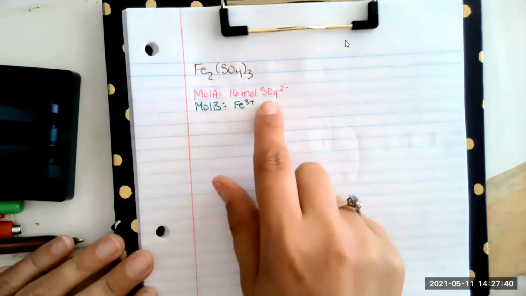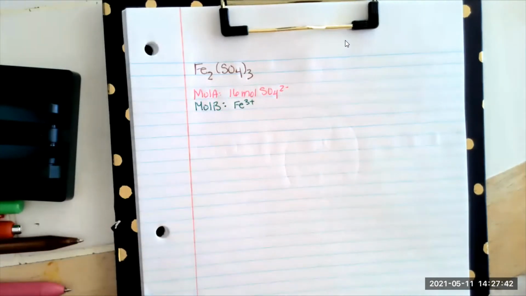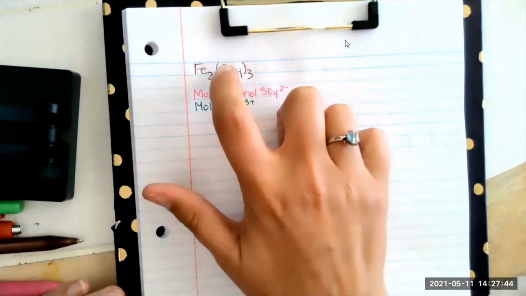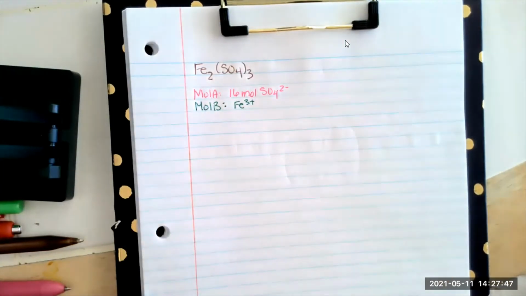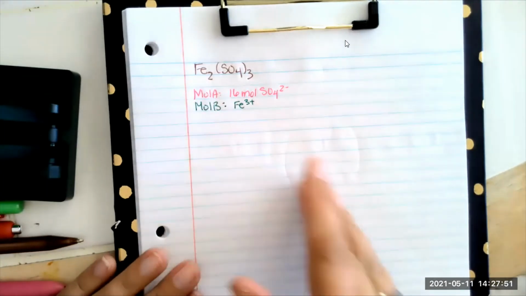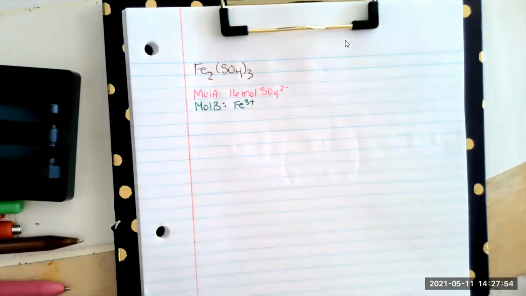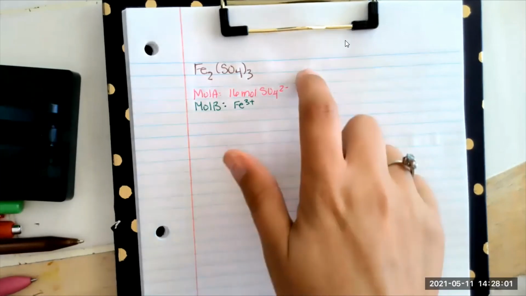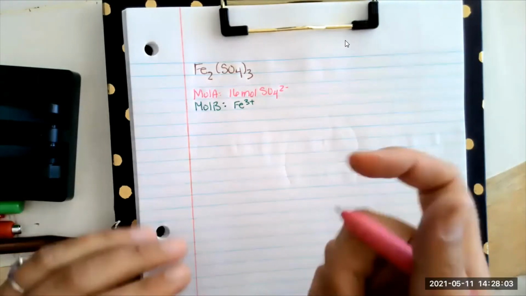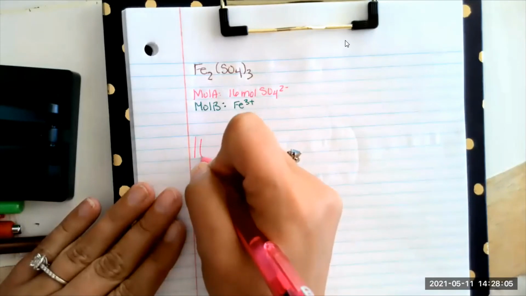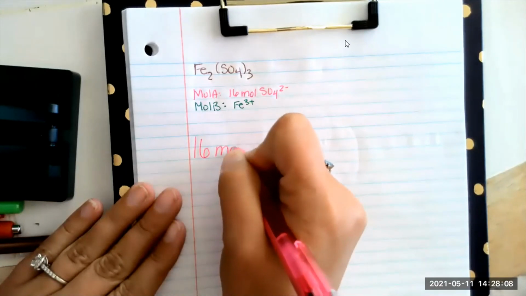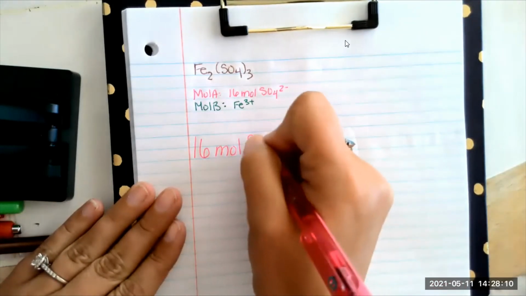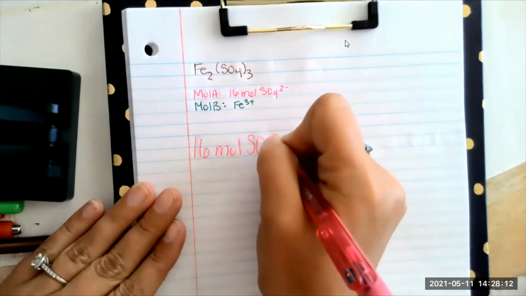Now, we can look at sulfate here and see that it's SO4, so sulfate's a polyatomic. It's in parentheses with a 3 next to it. So we know that we're going to have more than one sulfate, and we already have 2 irons. So our mole ratio is going to be not a 1-to-1 or a 2-to-1 ratio. It's going to be an uneven ratio. So mole A always goes to the left. So we were given 16 mole of sulfate, SO4 2-.